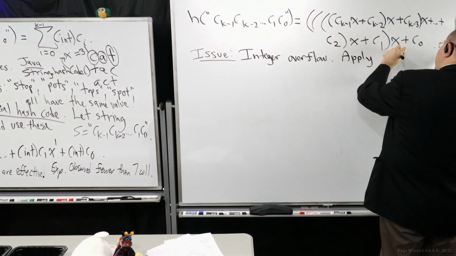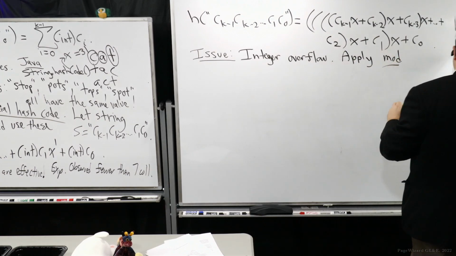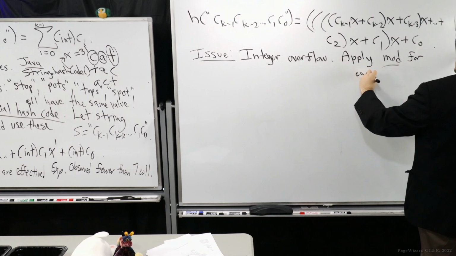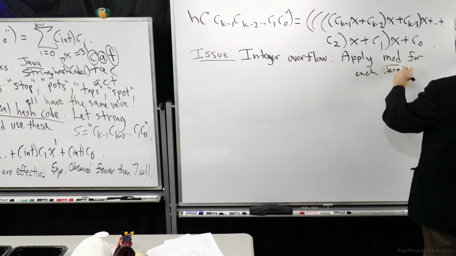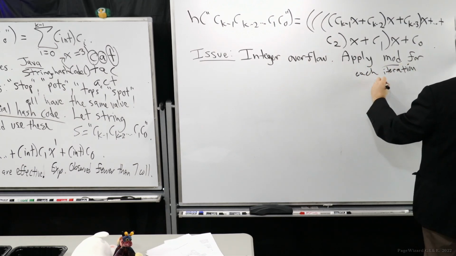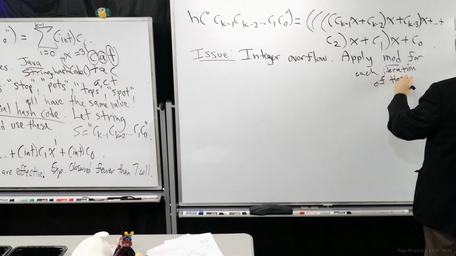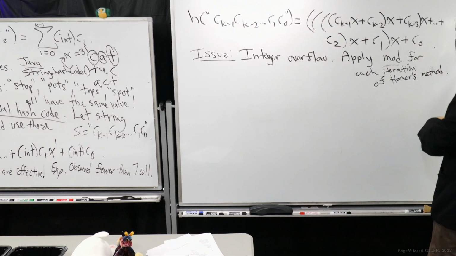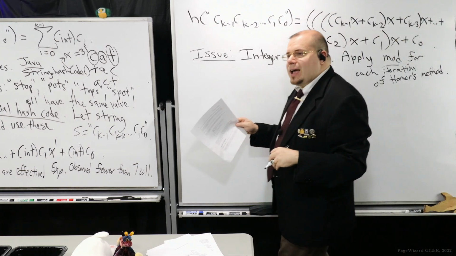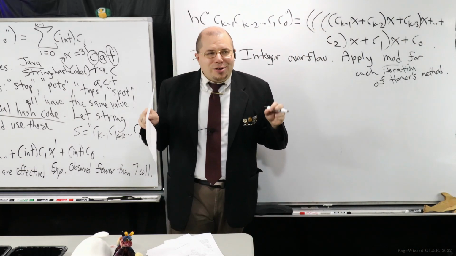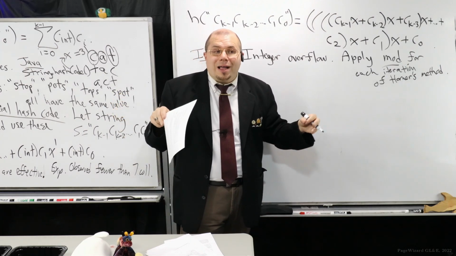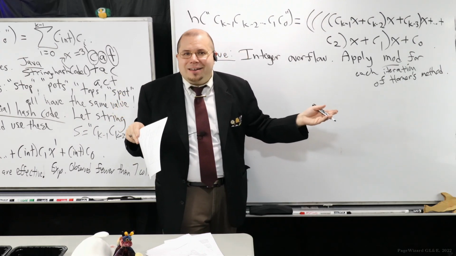So we're going to apply mod, or modulus, or modulo, for each iteration of Horner's method. You can think of what we're doing here as a variant of Horner's method. And you might ask, Dan, how do you know it's going to end up with the same number as going mod m at the end?